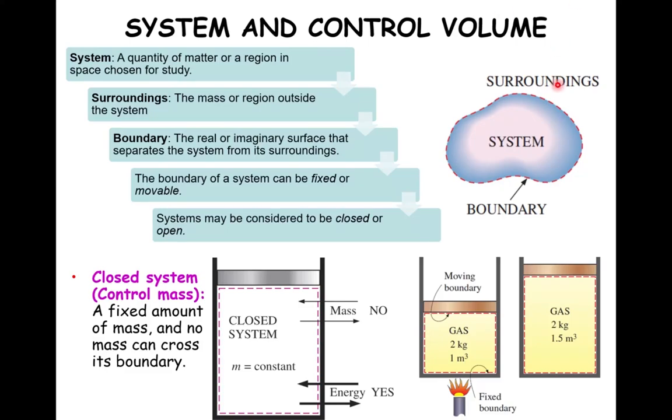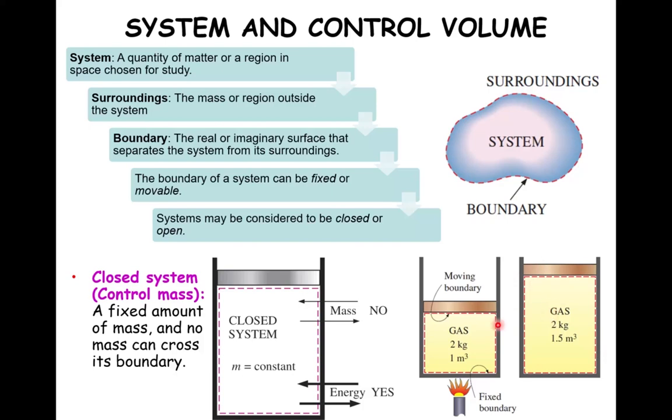The surrounding is outside, and the boundary is basically the border for the system, but this border can be fixed or can change. For example, consider this case. The cylinder is here and the boundary is fixed, but after some time it can change. This is called a movable boundary.